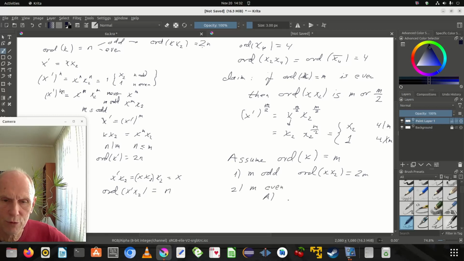And here we have two cases, 4 divides m, in which case the order of chi 2 equals... now where are we?